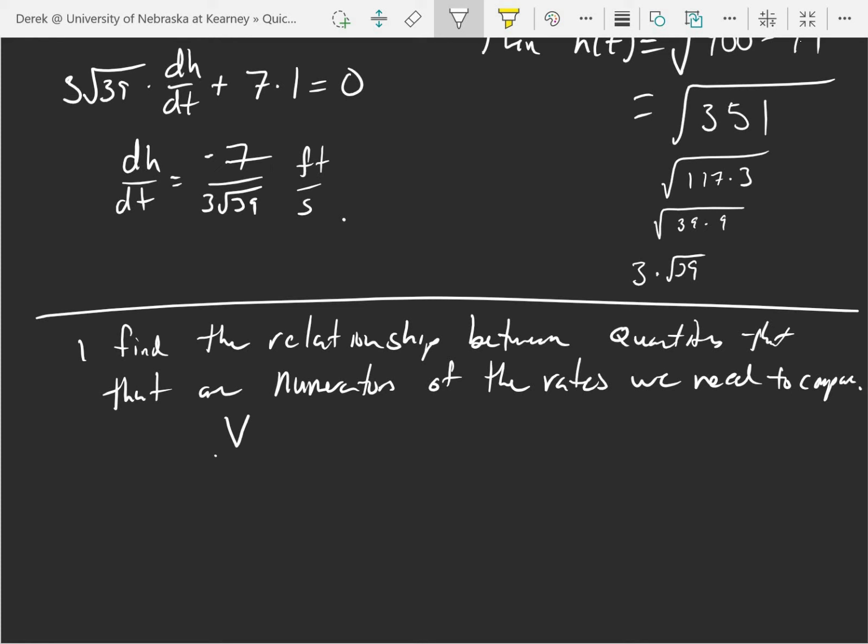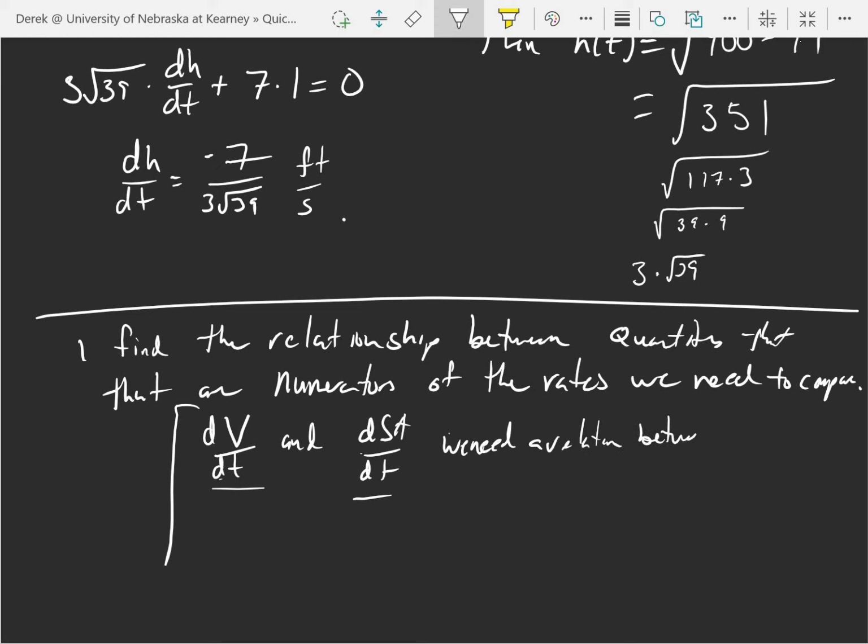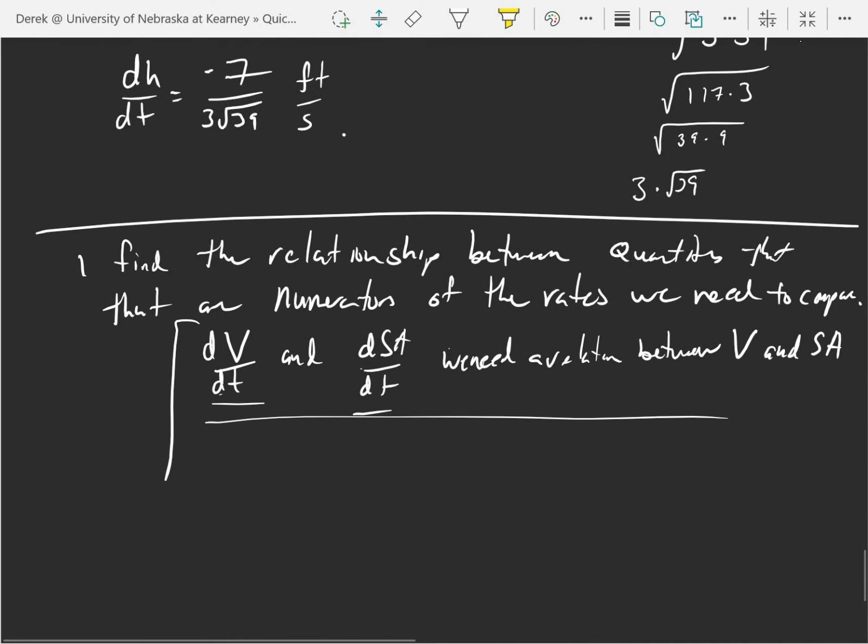That was the volume with respect to time. We wanted dV dt and dS dt in the first one, so this is kind of an aside. Because we wanted to compare these two rates, we needed a relation between volume and surface area. And in the second problem, we needed a relationship between dh dt and dL dt.